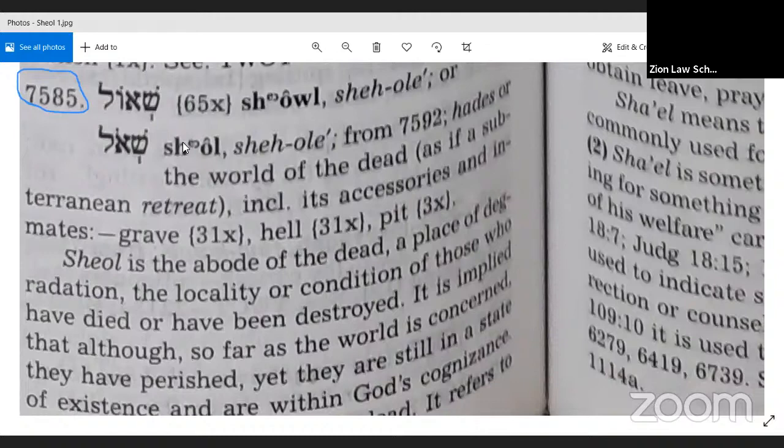Okay, so I'm going to go ahead and read Strong's number 7592. Now, everyone viewing the video, the idea here is to identify and understand the relationship between Strong's number 7592 and 7585, right? We discuss this in our course all the time.